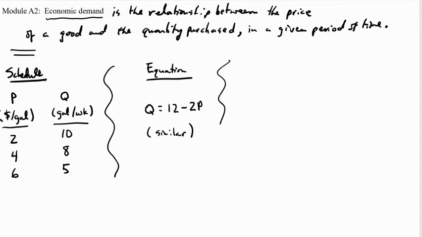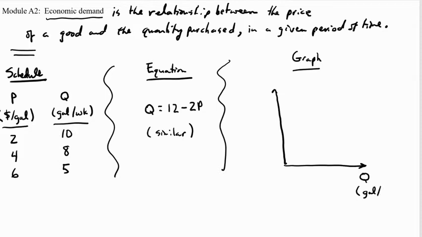And finally, even more commonly perhaps than a schedule or an equation, is that we work with a graph illustrating this economic demand. So again, we're going to use a price axis and a quantity axis. On the quantity axis, we'll again have the gallons per week. And on the price axis, we're going to have the dollars per gallon.